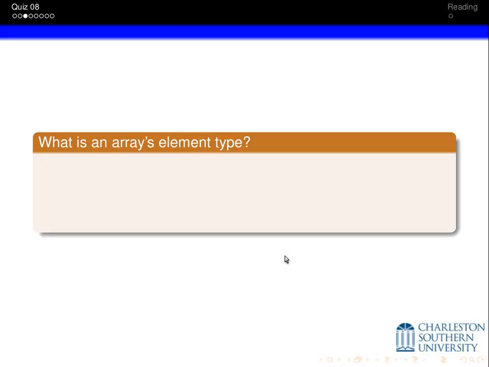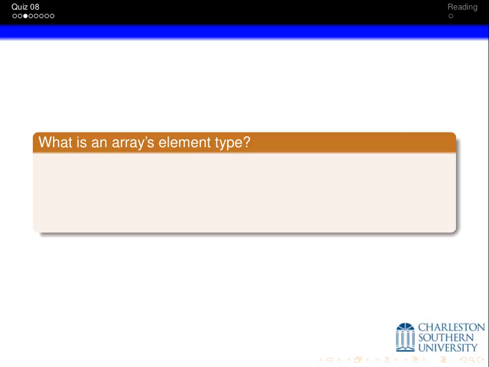What is an array's element type? Kind of a backwards question, but go ahead. The type of the array. Is it primitive or an object? It can be a primitive or an object. Are all elements of the array the same type? Yes, they're all the same type.